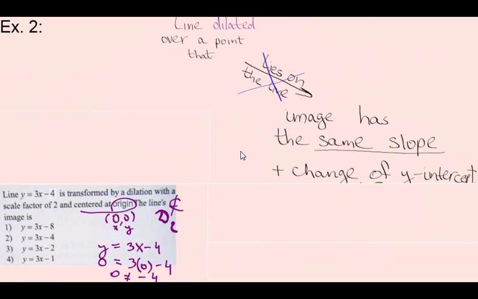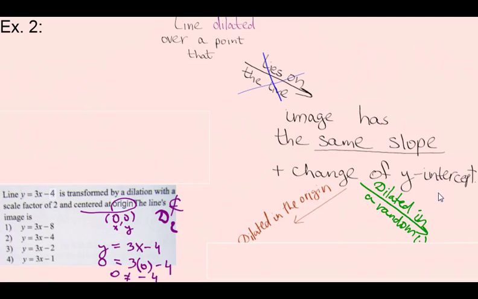This means that our image will have the same slope but a change in the y-intercept. To understand what kind of change in the y-intercept we will receive, we have to analyze once again the point of dilation. It's centered at the origin and not at a random point.